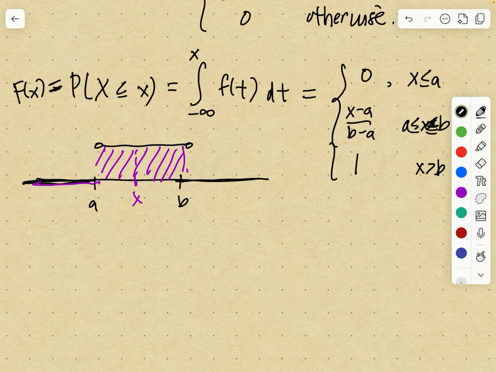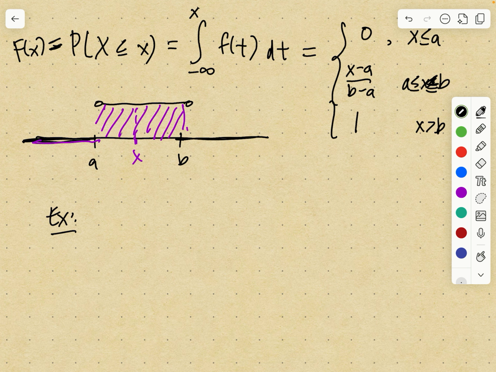Okay, and this explains the concept that the probability density function is like a density, right? Because to calculate the mass, you integrate the density.